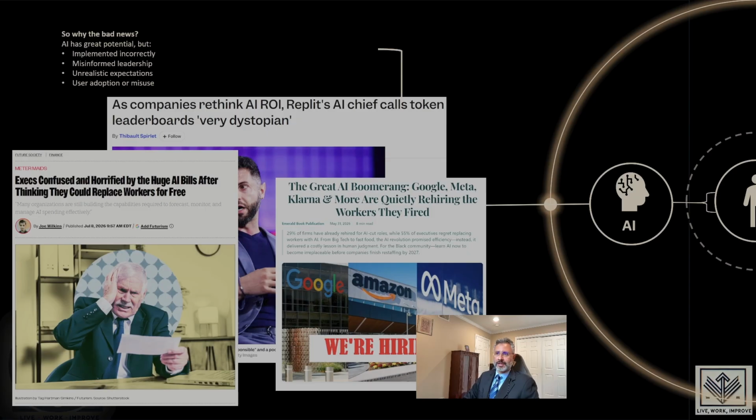All right, let me give you a little bit of background on that one. It has come up in the news that many companies were using these leaderboards where they were evaluating how many tokens people were using. So one thing that I didn't mention, and I promise I will probably make another video about AI applications at the enterprise level, because there are a lot more applications than just what I described.